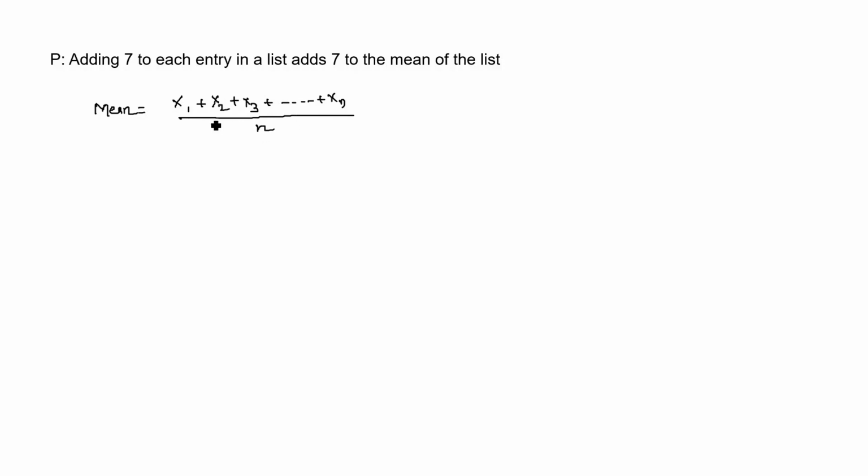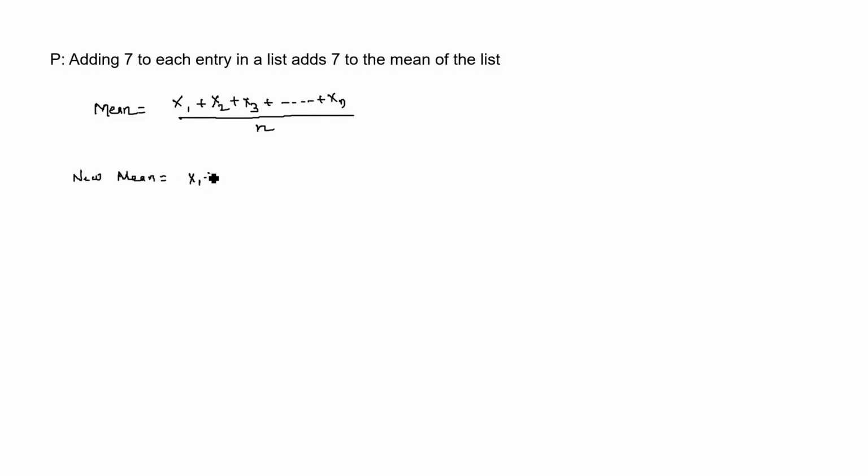This is the formula to find the mean. Now, if we add 7 to each entry, we can find the new mean.